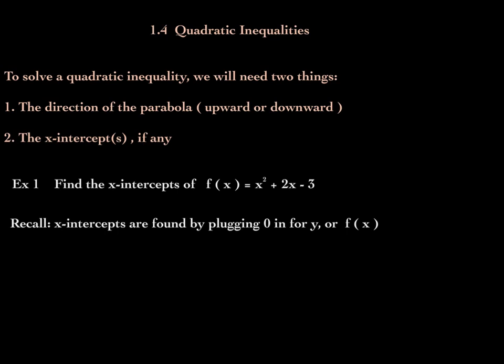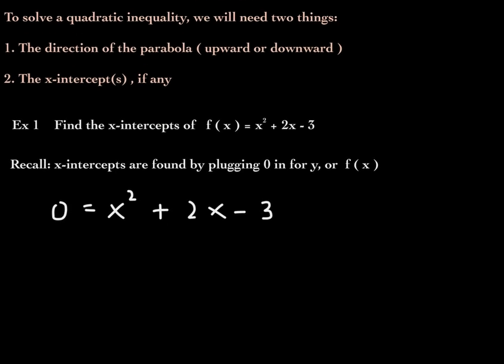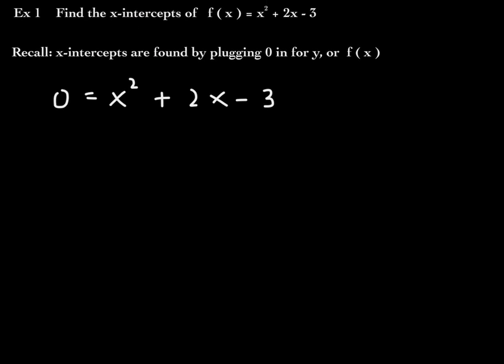So that would give me 0 is equal to x squared plus 2x minus 3. Now, I'm going to rewrite this so that it's set equal to 0 on the right side instead. I just prefer to see my equation set equal to 0 on the right.